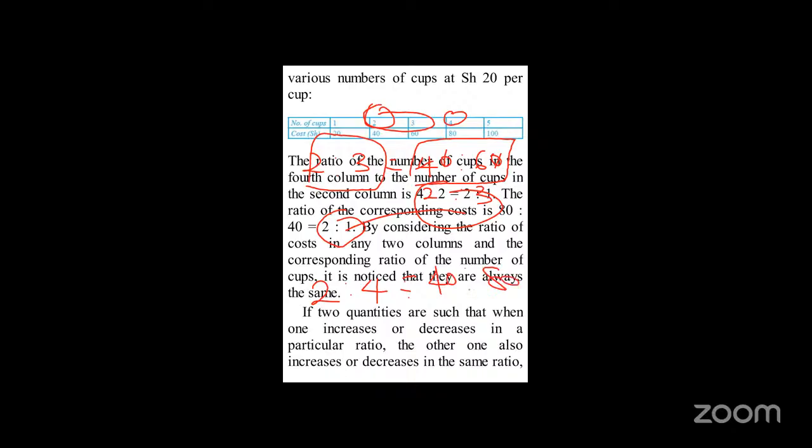When you simplify this one, hii ya kwanza hapa, 2 goes to 2 1 times, 2 goes to 4 2 times, so we have 1:2, and then the cost hapa 40 and 80, 0 and 0 cancel, then 4 goes to 4 1 times, and then 4 goes to 8 2 times. So here we are going to have 1:2. So in this case, when one quantity increases, it causes the same increase in the other quantity.